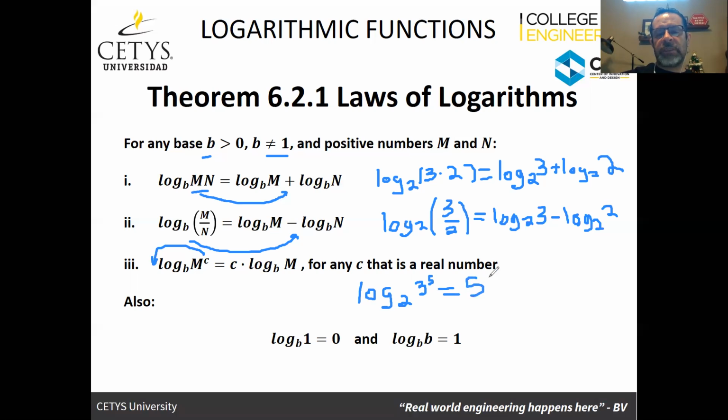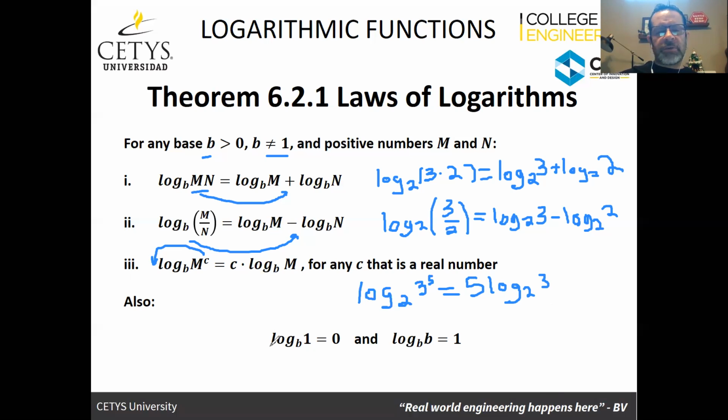This is equivalent to 5 log base 2 of 3. And again, I imagine these aren't new to you. Previously in any math course, you might have seen these laws. And again, they're common laws that are derived from the laws of the exponentials.